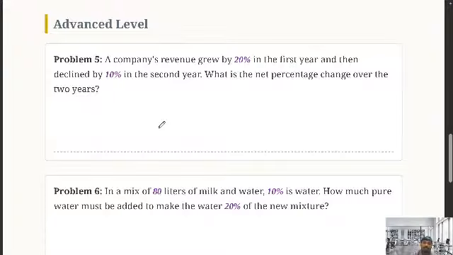Now we are moving to the advanced level questions. So keep focus on problem number 5.